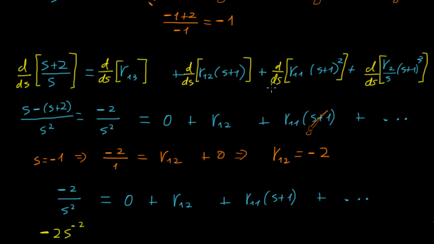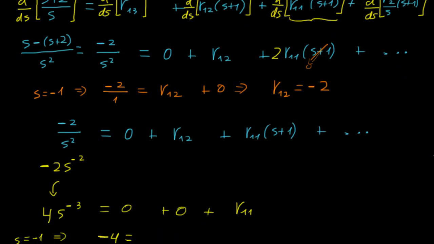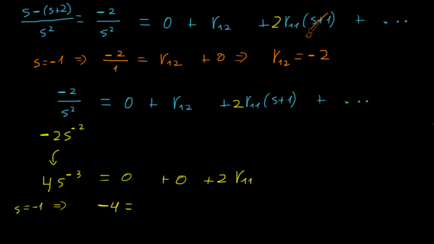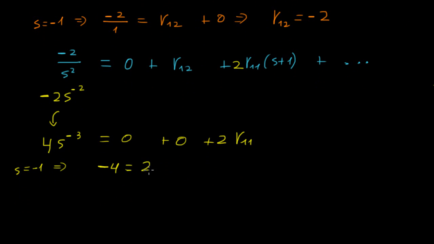Yes, here it is. The derivative of this part with respect to s is 2 r11 times (s + 1). So don't forget that too. That's a common mistake. Well, maybe not that common. 0 plus 0 plus 2 r11, and therefore r11 is equal to -2.